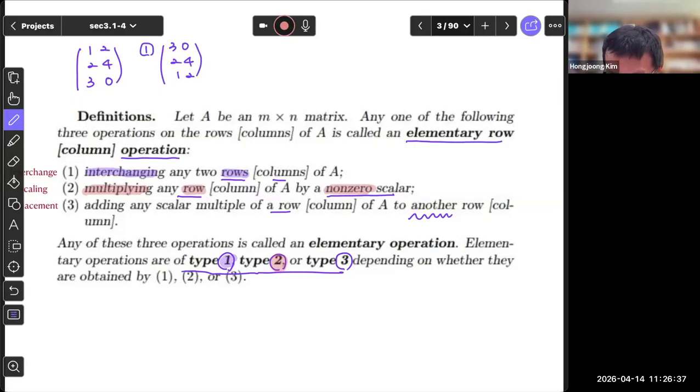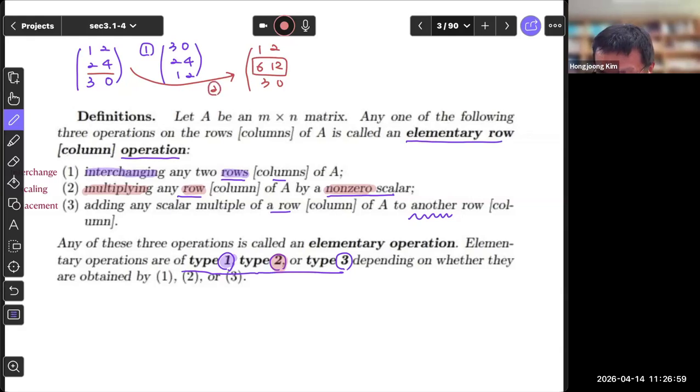Or if I multiply a non-zero value, say if I multiply 3 to the second row, then the matrix will be 1, 2; 6, 12; and 3, 0. So the second row is changed to 6 and 12.